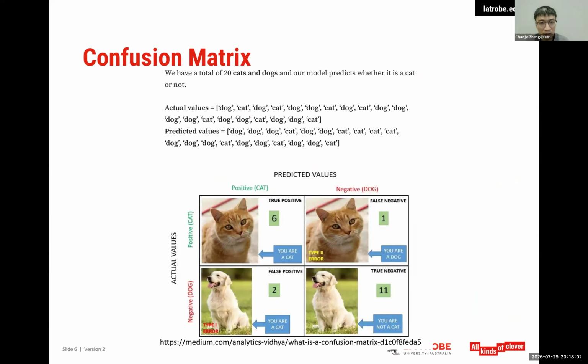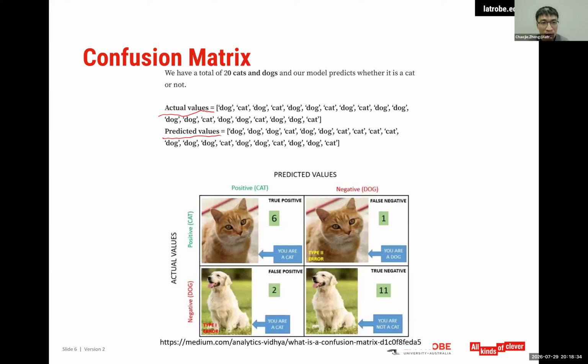Here is another example about using the classification model to classify the input image as either cat or dog. So cat would be treated as positive sample, and dog is treated as negative samples. So we have actual values, which would be the data true label, and the predicted values are the outcome from the model.